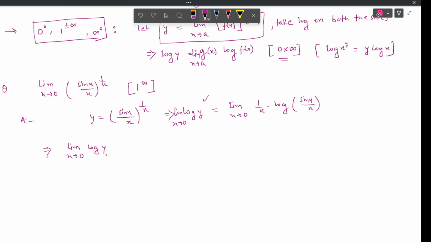So limit x tends to 0 log of y, you can write it as limit x tends to 0 log of sine of x by x, by x. Now if you put 0, then limit will go inside, and limit x tends to 0 sin x by x is 1, log of 1 is 0, and here x is 0, so it is in the form 0 by 0.